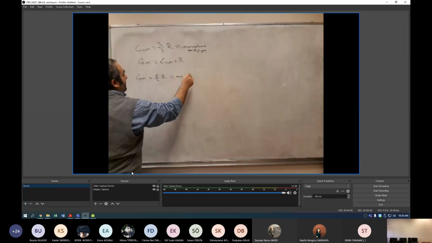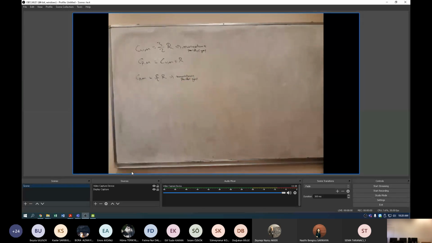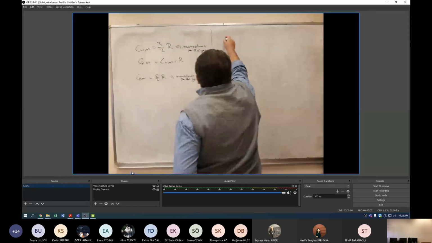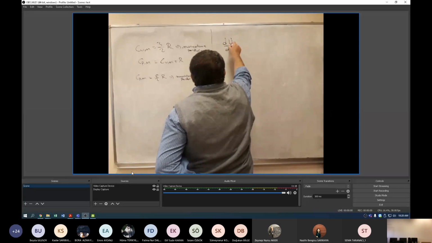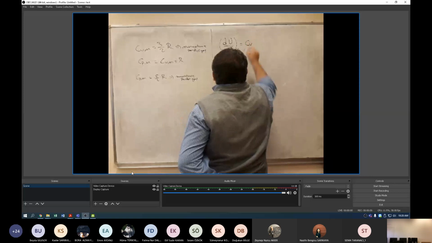How did we derive this? We used dU over dT at constant volume was Cv, right? And over here we put dH over dT at constant pressure.